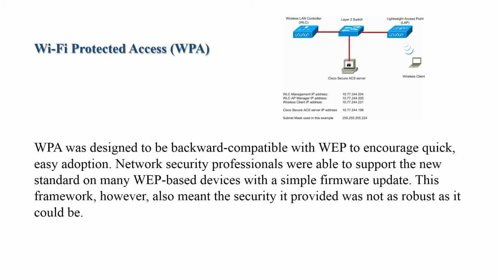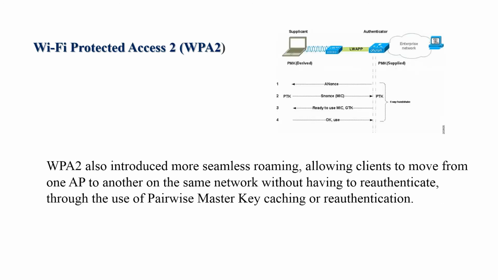WPA was designed to be backward compatible with WEP to encourage quick, easy adoption. Network security professionals were able to support the new standard on many WEP-based devices with a simple firmware update. This framework, however, also means the security it provided was not as robust as it should be.